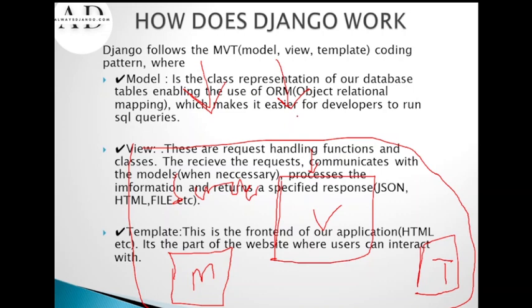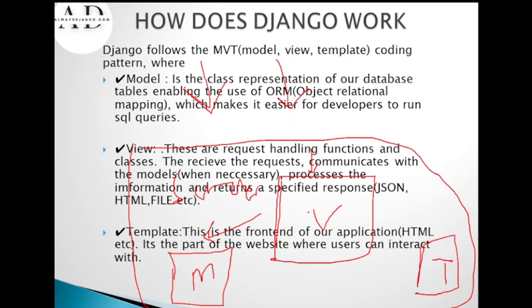So when you send a request into our Django server, our Python server, it comes to our view. The view handles this request and communicates with the model. We say the model is the class representation of our database, which makes it easier for us to use ORM, Object Relational Mapping.